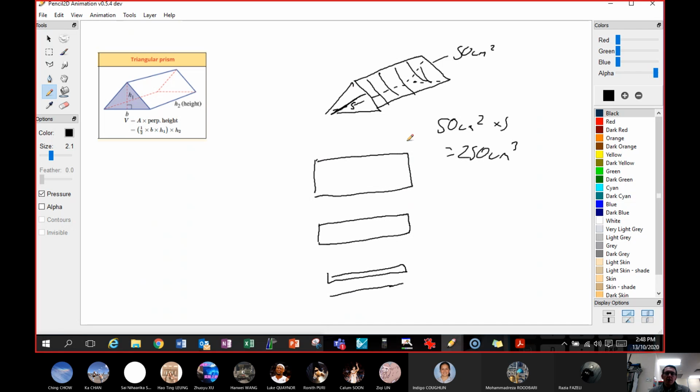So you can't go 50 by this, because if you did that, you would actually be making a rectangular prism, right? It would be a rectangle, a rectangular prism, like so. So hopefully you get an idea of what you'd do if you did that.